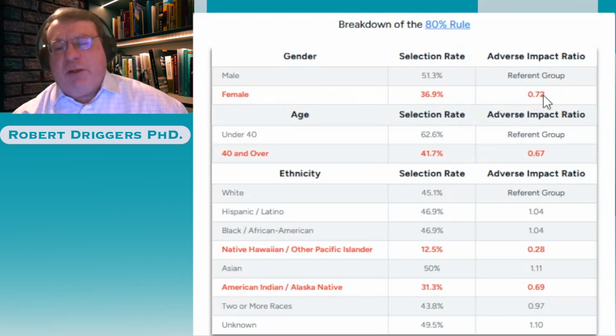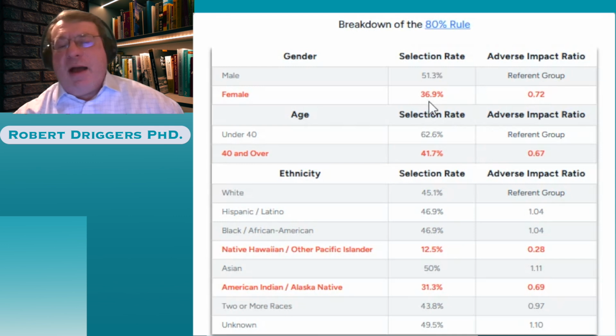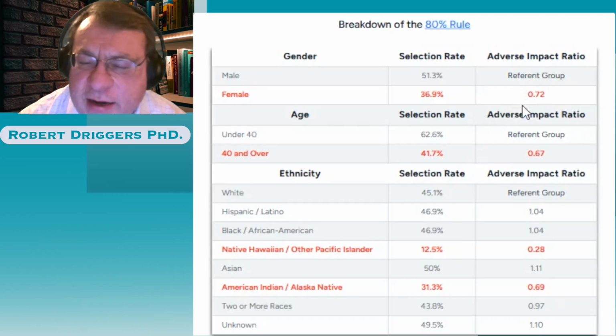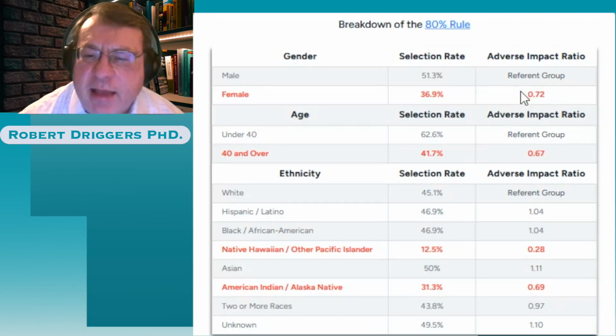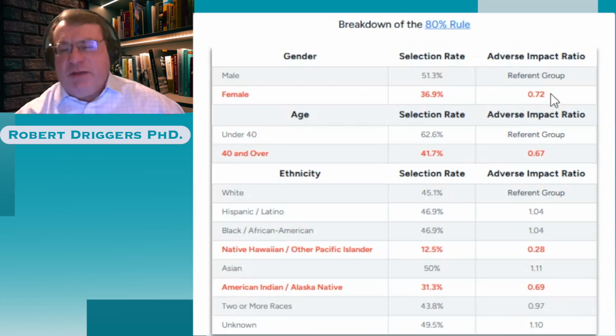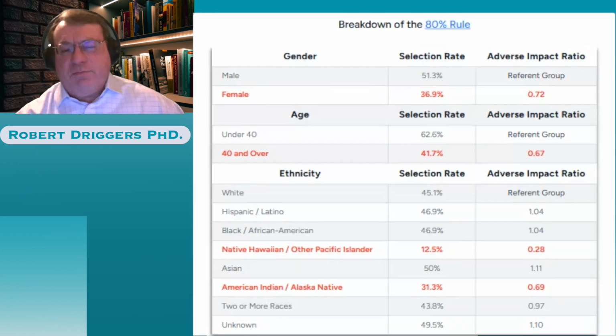The adverse impact ratio, which is referred to as the 80% rule, is computed by dividing 36.9 by 51.3. This produces 0.72. It is red as an indicator of potential adverse impact because the 0.72 is less than 0.80. It would be 72% versus 80%. So this is an indicator of potential adverse impact for females.